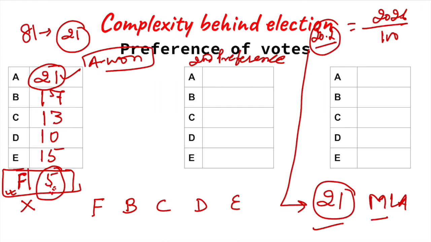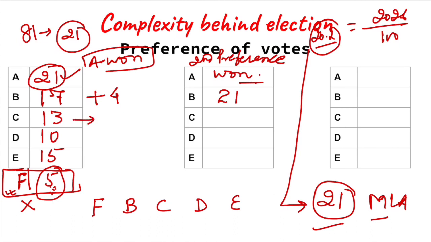So now, out of these 5 MLAs who have F as the first priority and B as the second priority, consider that 4 out of 5 MLAs have the second preference for B. Then B will get 21 and he has already won.